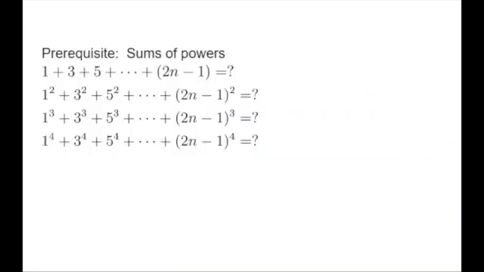So in these derivations, at some point, we're going to need these sums of powers, which were known at the time. So these are the sums of consecutive odd numbers, or the squares of consecutive odd numbers, or cubes, or fourth powers. And at least this very first one was known for a really long time.